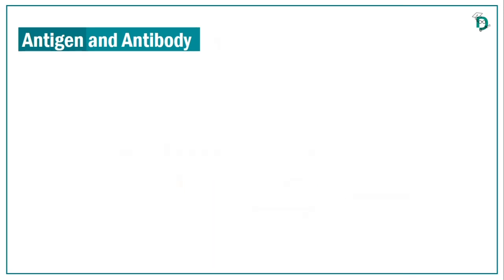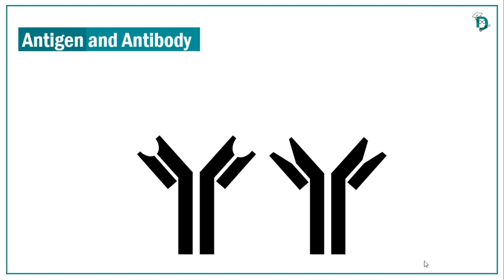Now let's talk about specificity of antigen-antibody binding. So as you can see, we have two different antibodies, different because their antigen binding sites are different with respect to shape. And parallel to that, we have two different antigens. Different because one I suppose is circular and the other one is triangular.